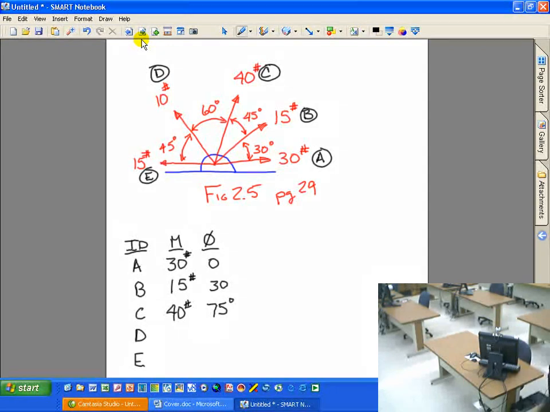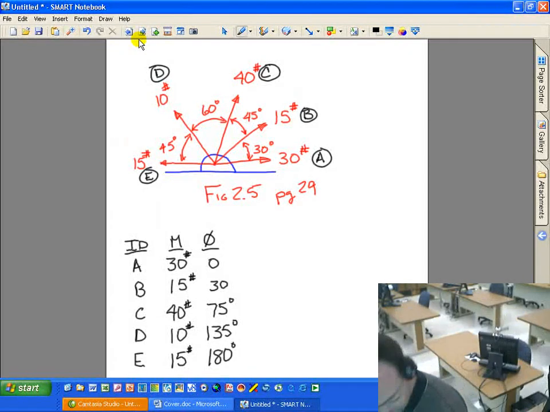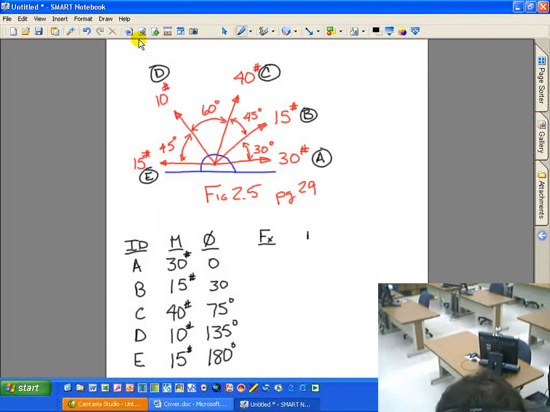D has 10 pounds, an angle of 135 degrees. And E has a magnitude of 15 pounds, and its vector is shooting at 180 degrees. So there's our ID.